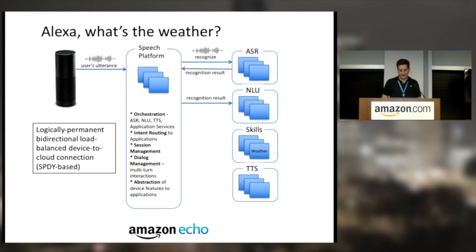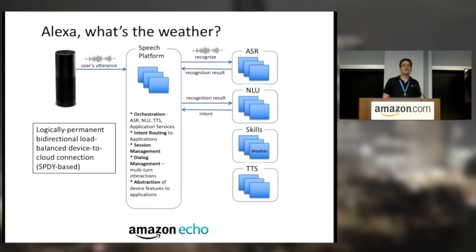In the NLU, the first thing we need to find is the intent classification. That means what the user wanted to do. In our case, what's the weather? It's a weather forecast intent. There are different types of intents. So it will find the intent classification and also add all the relevant attributes to it.